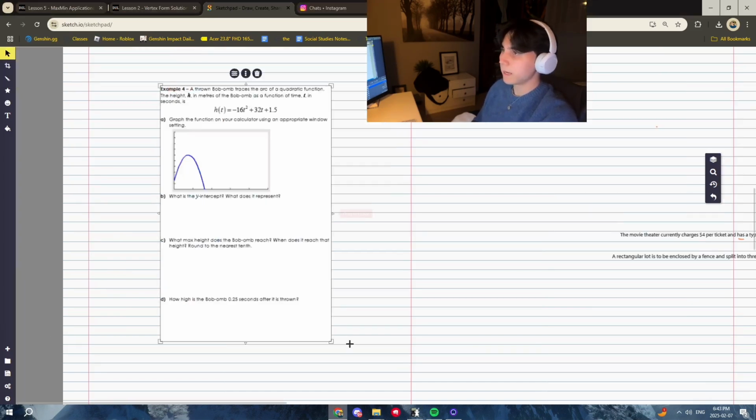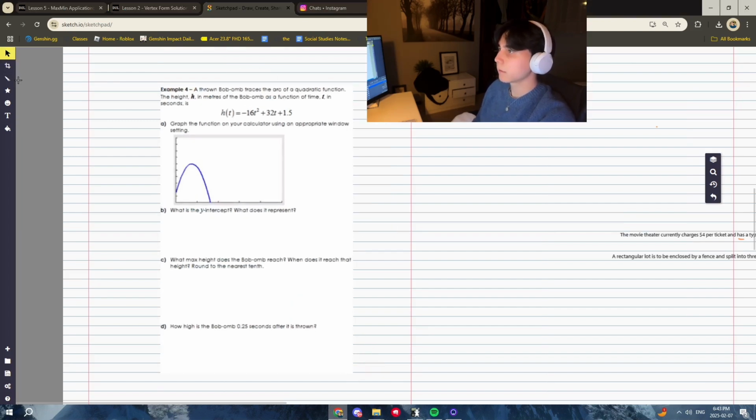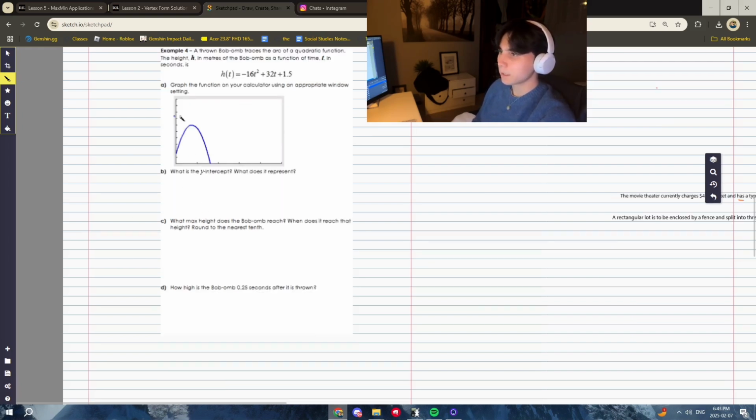Moving on, we have our example 4 here, which says a bomb traces the arc of a quadratic function. The height of the bomb in meters is a function of the time. So the way we do this is we have to actually understand what this is going to look like.